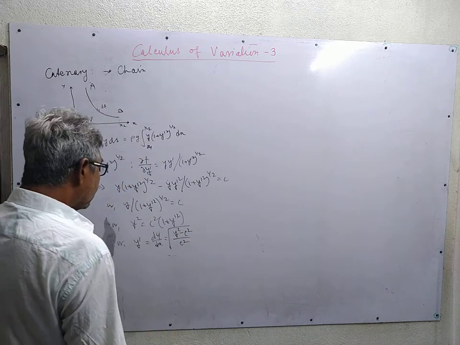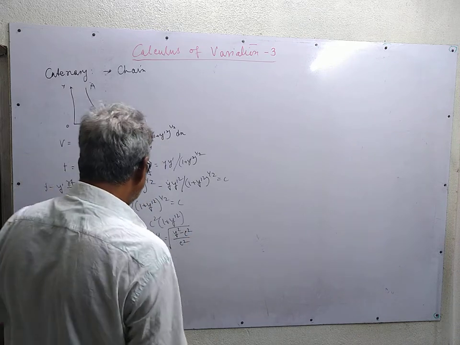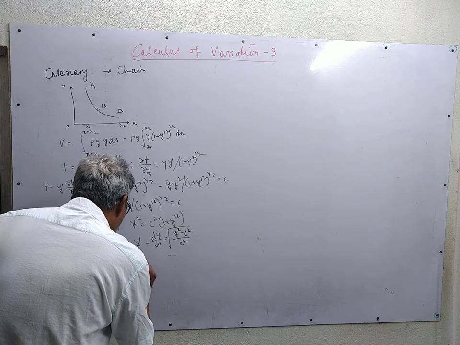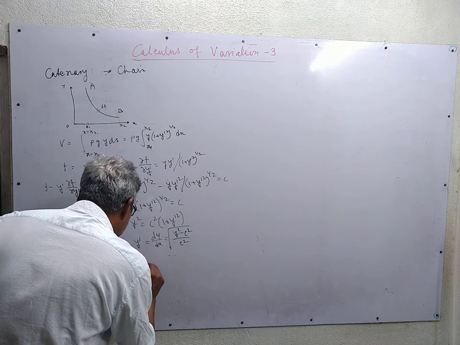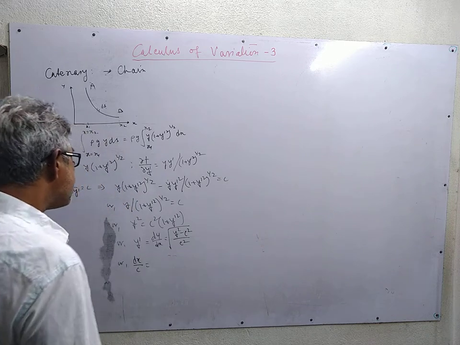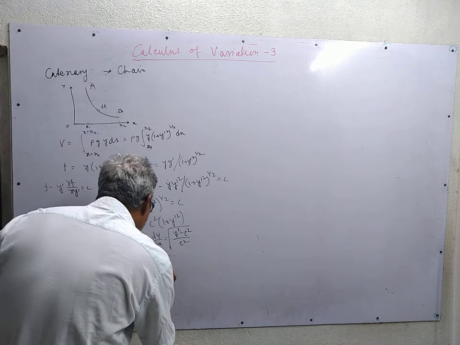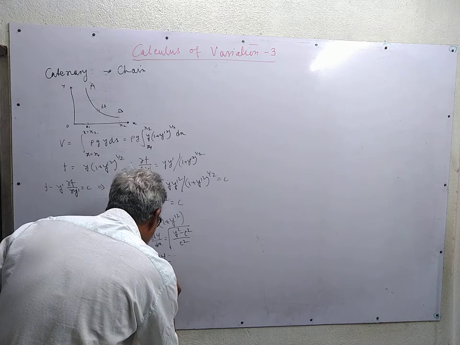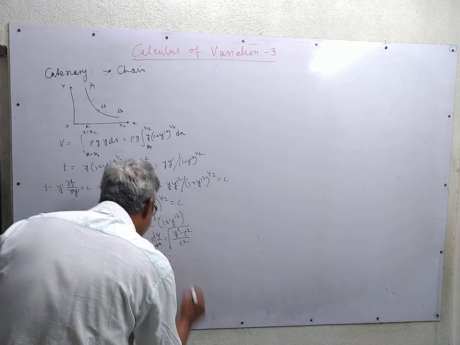We can write it as dx by c equal to dy over square root of y square minus c square.